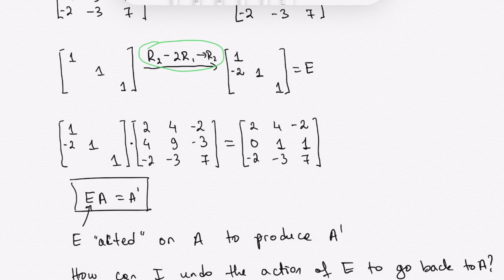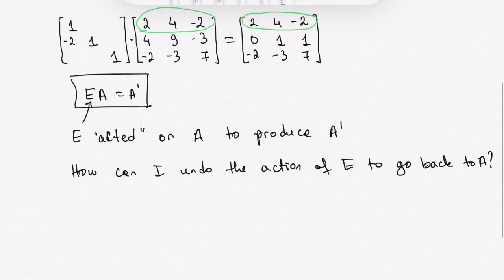We took away 2R1 from R2. But note that R1 in A and R1 in A prime have not changed. They're the same rows. So I can go back. If I were to reverse subtraction by addition, I would go back.